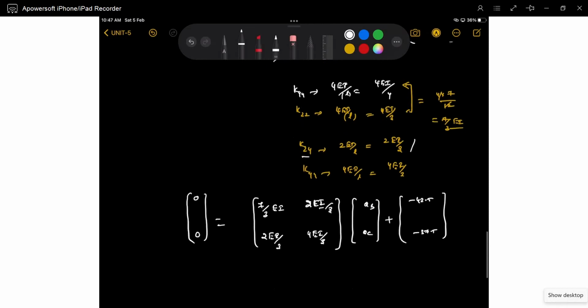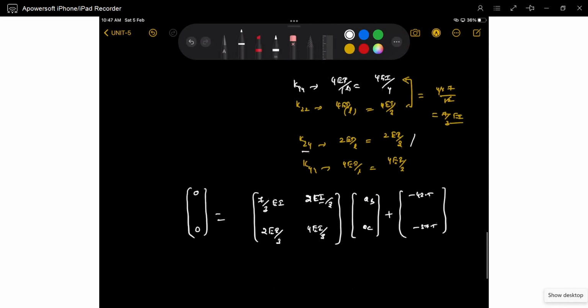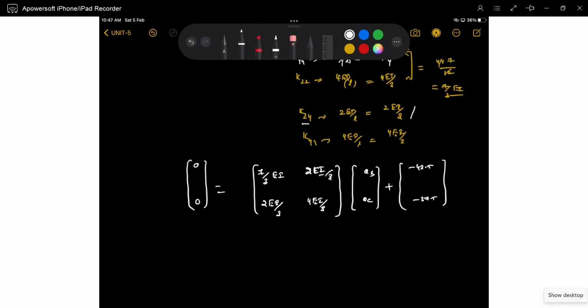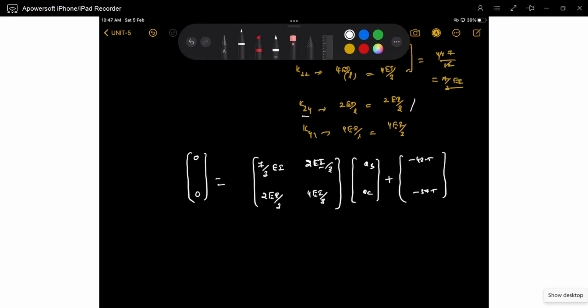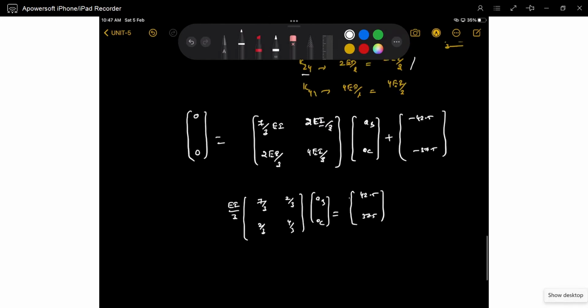Can you solve it now, theta B and theta C? You can easily solve. EI by 3 you can now strike out, with 7 by 3, 2 by 3, 2 by 3, 4 by 3. Theta B and theta C is equal to 42.5, 37.5. You already know. So what are theta B and theta C?